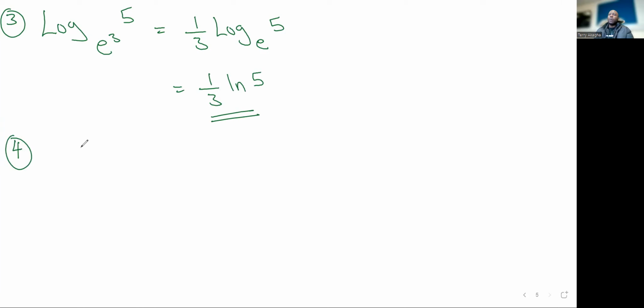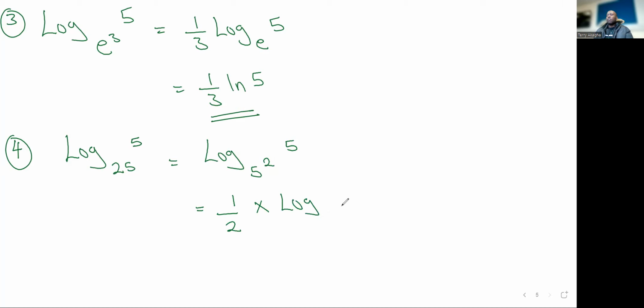So you can pick another one. When we have log 5 to base 25. Now we can break down 25 to be 5 to the power of 2. Now the inverse of this is going to give us 1 over 2 multiplied by log 5 to base what? 5.